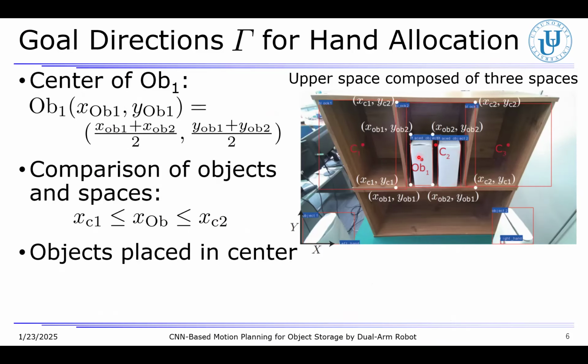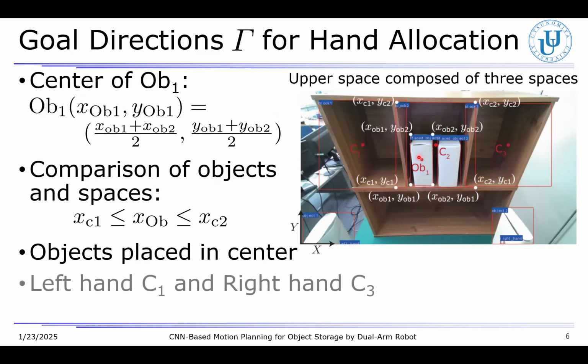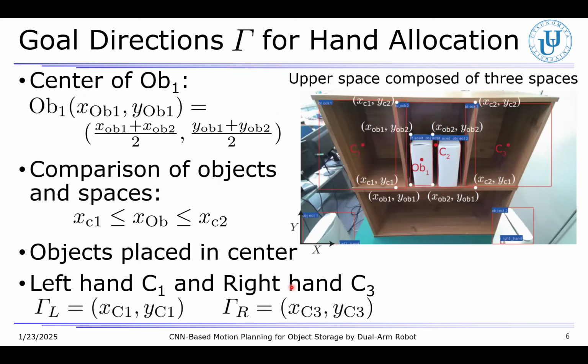So by comparing the centers of these spaces, C1 is assigned for the left hand and C3 is assigned for the right hand in order for the hands to avoid collisions. And finally, the center coordinates are used as input to the motion planner as the goal direction.